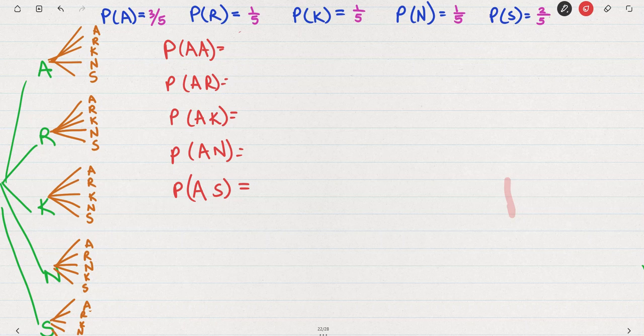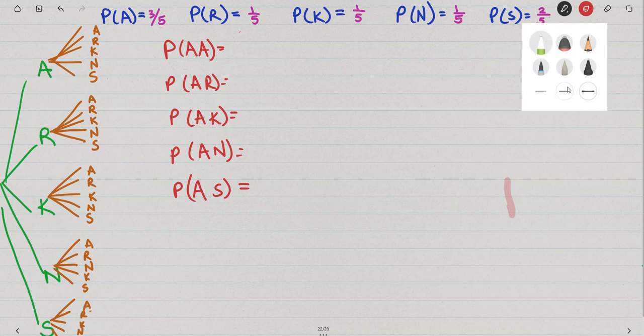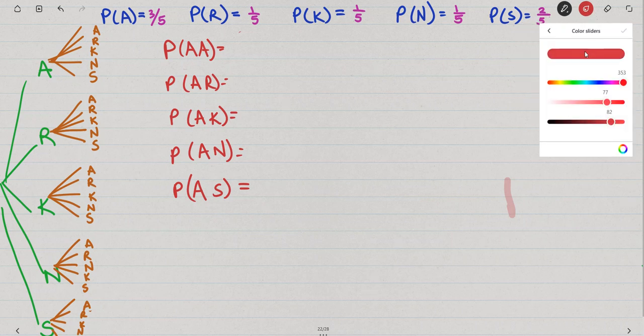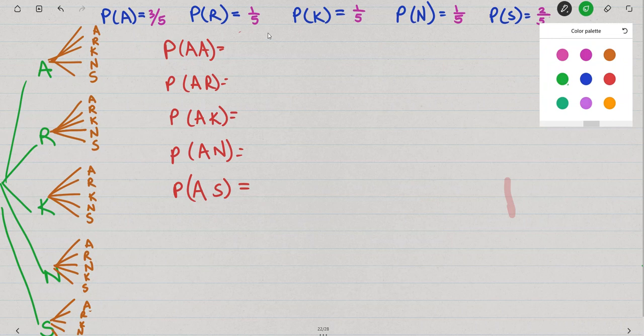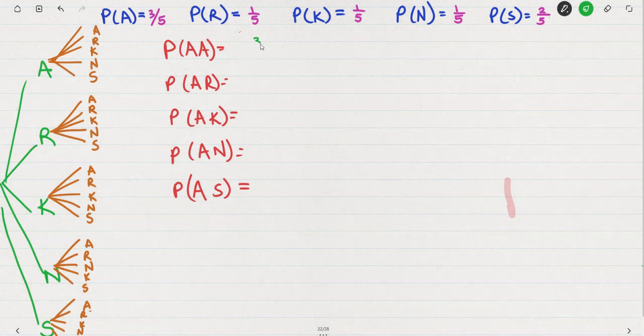So I have the tree drawn to calculate the probabilities. I'm going to say the probability of an A for the first draw is 3 in 5. But notice the probability of getting an A for that second draw.